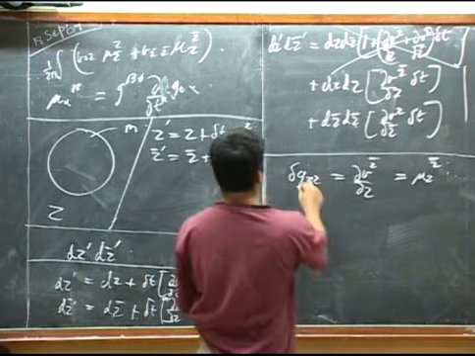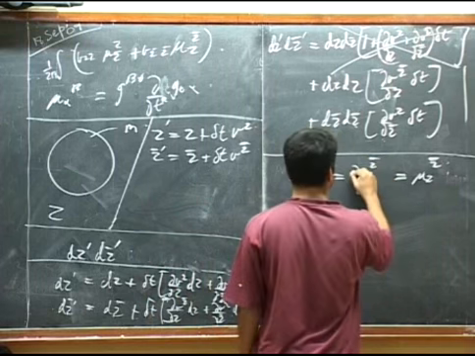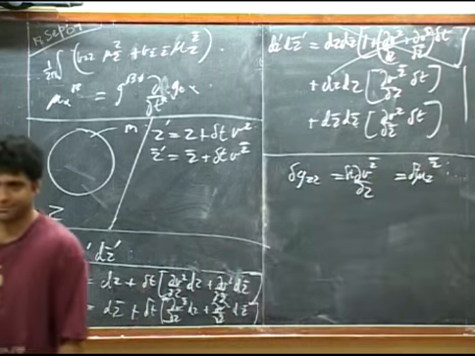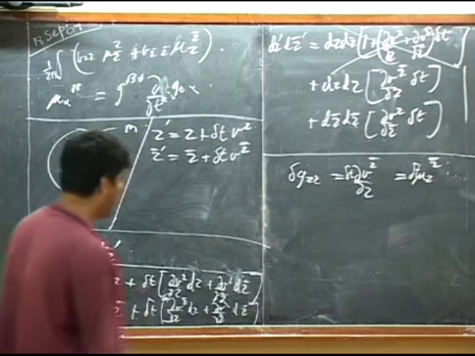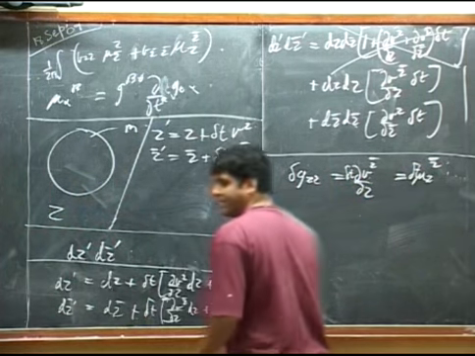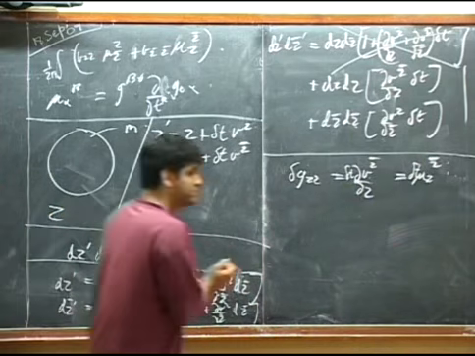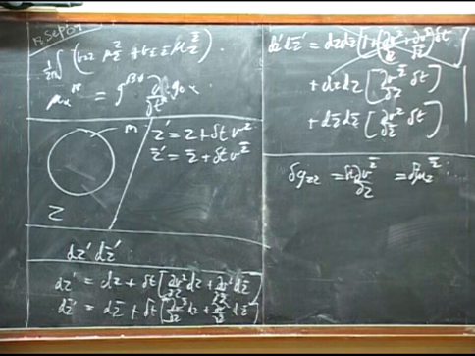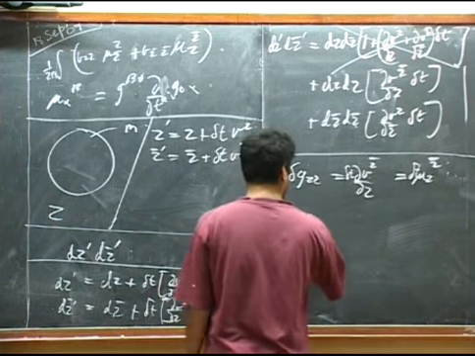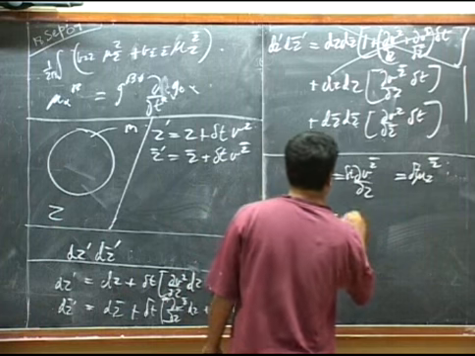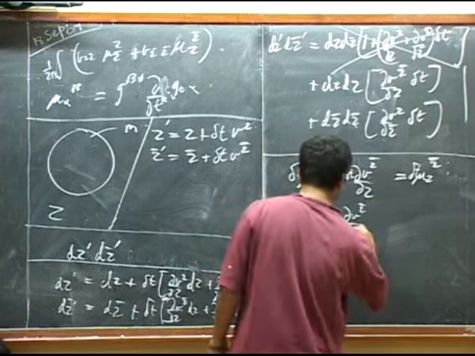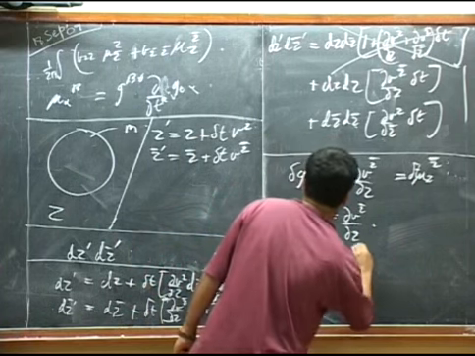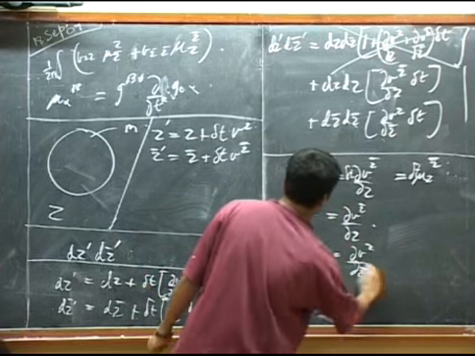So delta gzz is this times delta t. Okay? So we've identified then mu z z bar is equal to del v z bar by del z. And of course, symmetrically, mu z bar z is equal to del v z by del z.